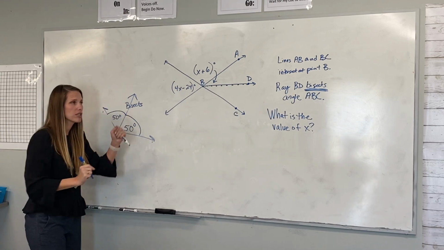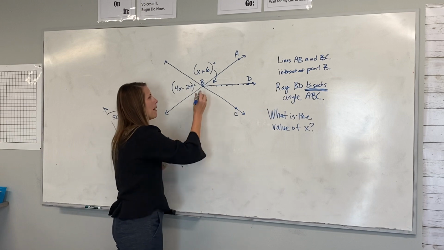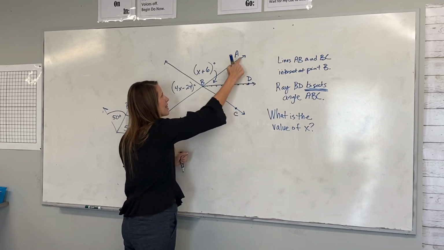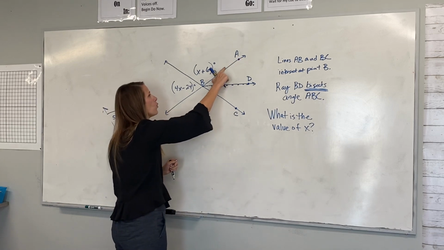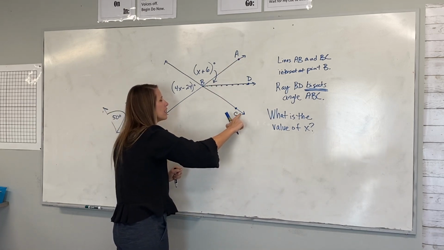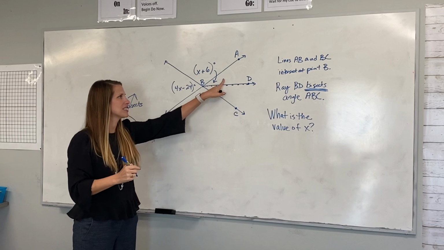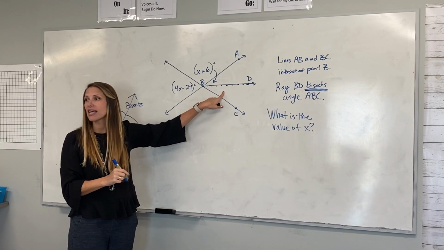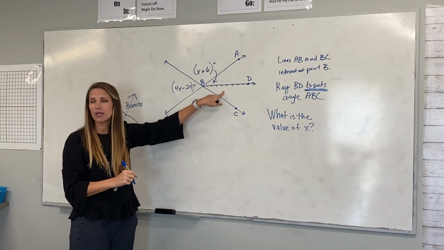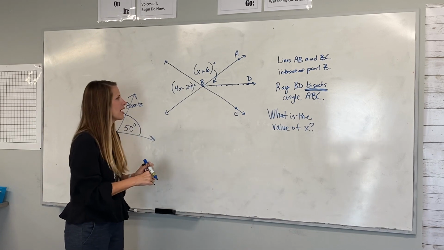Now let's move back over here. BD bisected this whole thing, so it cut this whole thing in half. So what does that mean about this angle and this angle? They are the same measurement, they're congruent, they're equal, any way you want to say it.